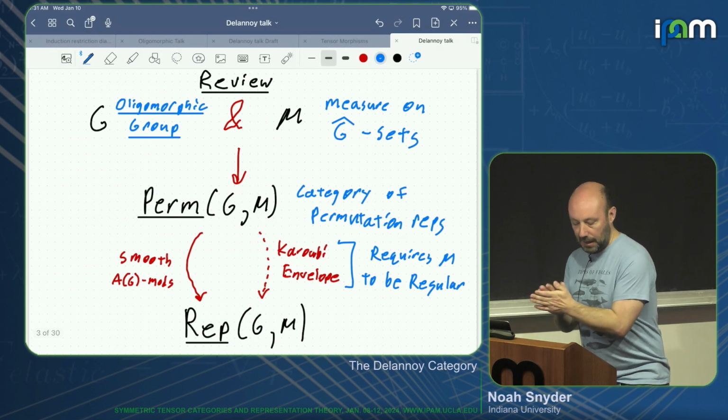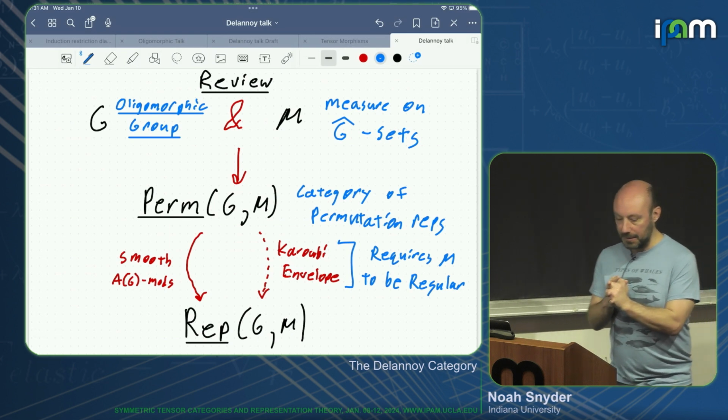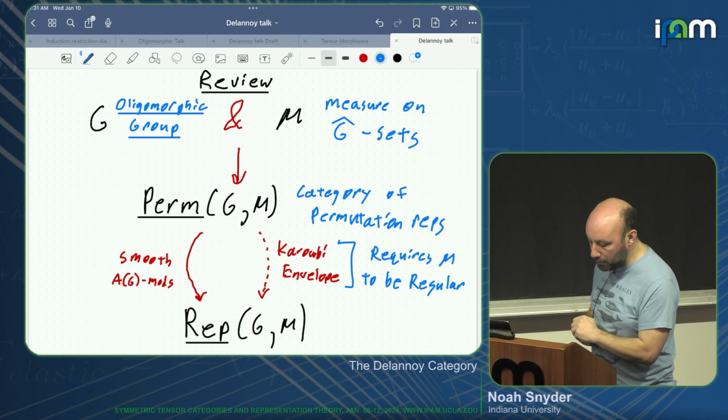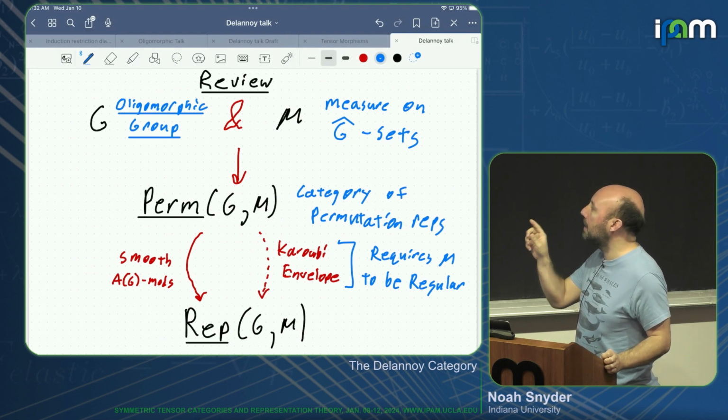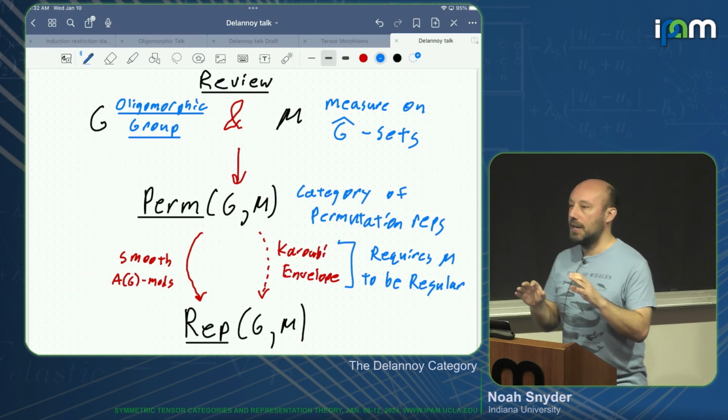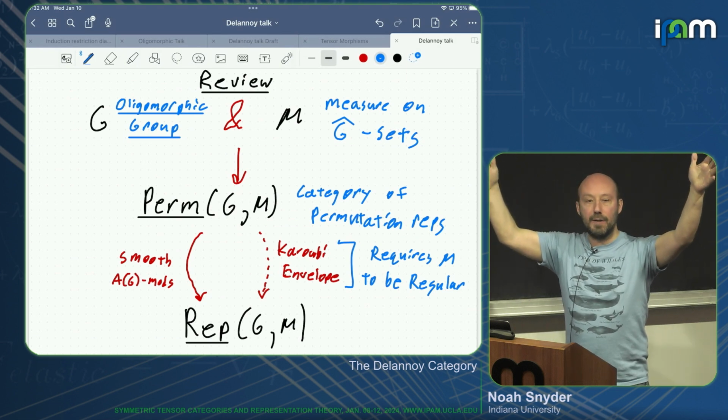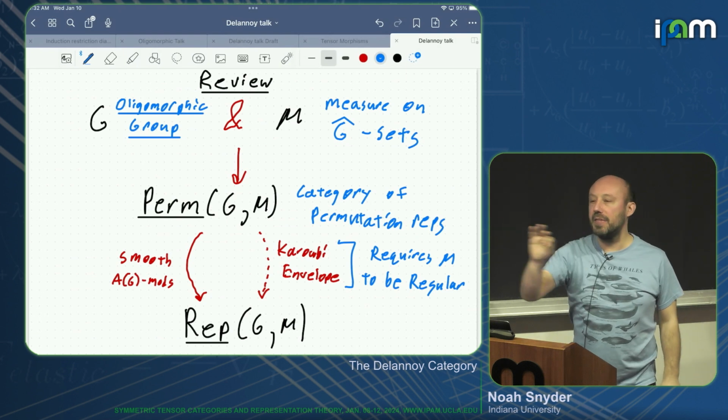Okay, so let me just remind you from the talk this morning, you have some oligomorphic group, you have some measure on G hat set. So Andrew didn't really talk about this, so maybe I'll say one or two words about this. You have some big oligomorphic group G, and then you had all these open subgroups of it.